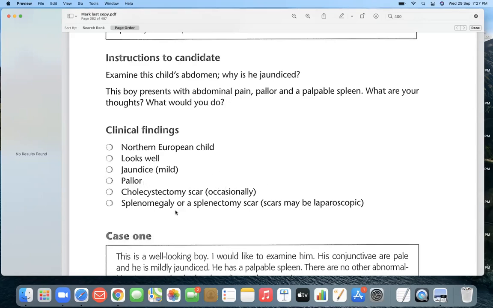Occasionally there can be a cholecystectomy scar, splenomegaly, or splenectomy scars, by laparotomy or laparoscopic. Any scar can be there, so you have to observe for all these things. If you think it is hereditary spherocytosis, look for a cholecystectomy scar, splenomegaly, or splenectomy scars as well.